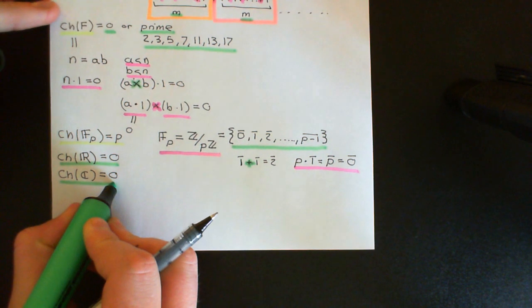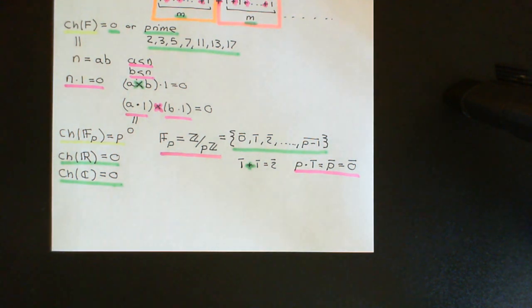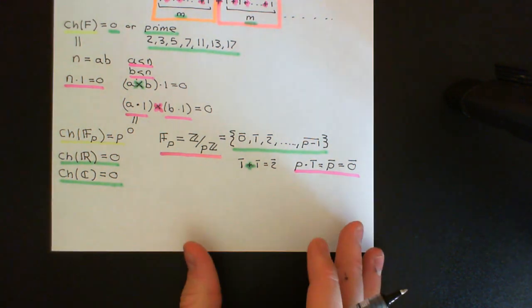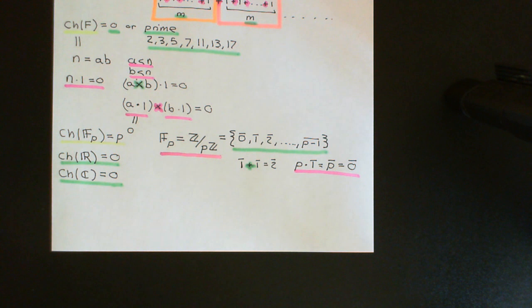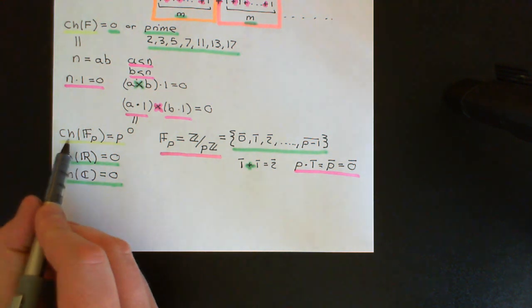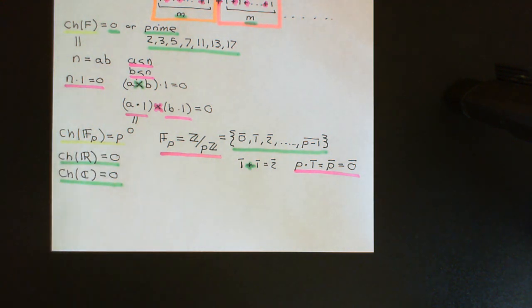So the characteristic of all the classical number systems, the rational numbers, the real numbers, and the complex numbers, is 0. The characteristic of our other toy fields here, the prime fields, is just the prime that's associated with them. Again, those are the only fields that we have met and are comfortable with at the moment, so those are the only ones we'll comment on in this video. So we'll end this discussion of the characteristic of a field here.